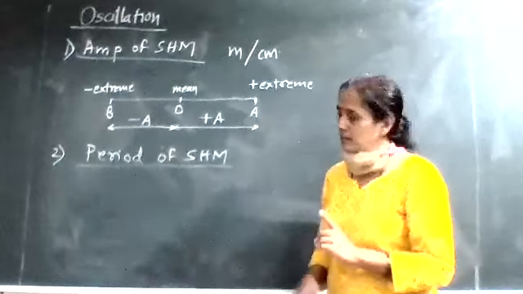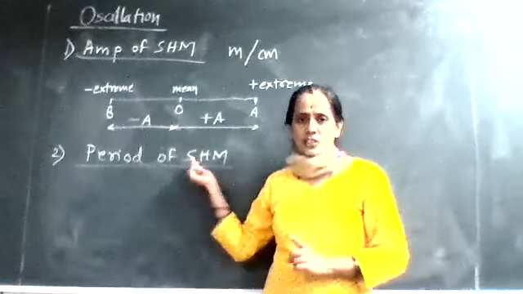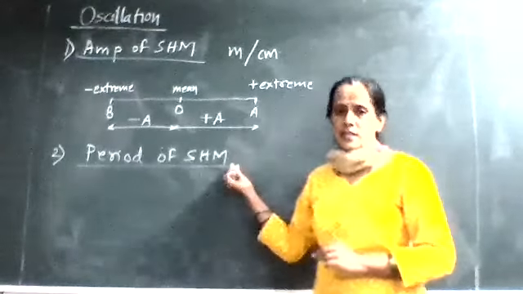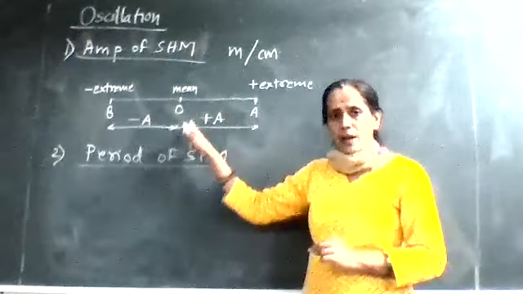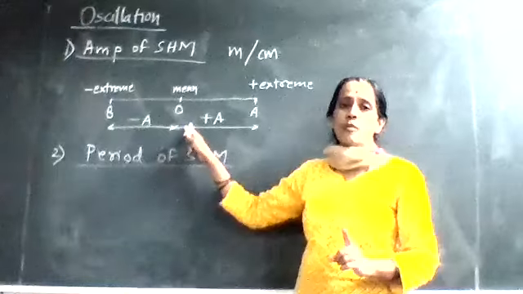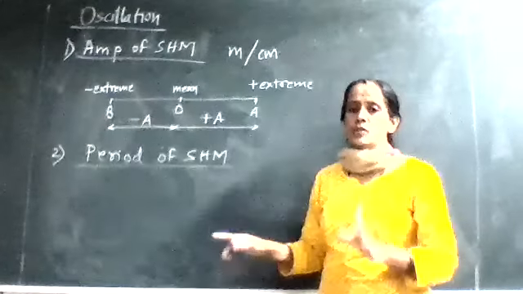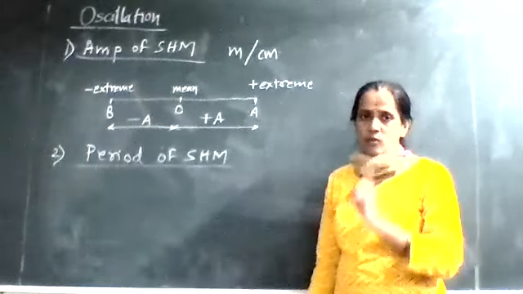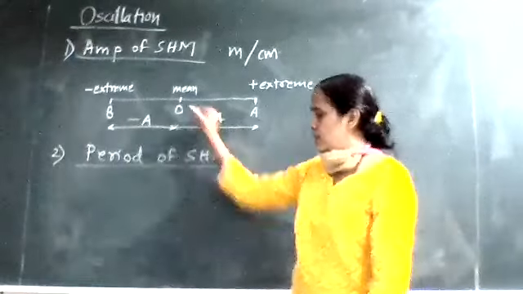I will repeat: the period of an SHM is defined as the time taken by the particle when it is performing one complete oscillation. Now, one complete oscillation means what?